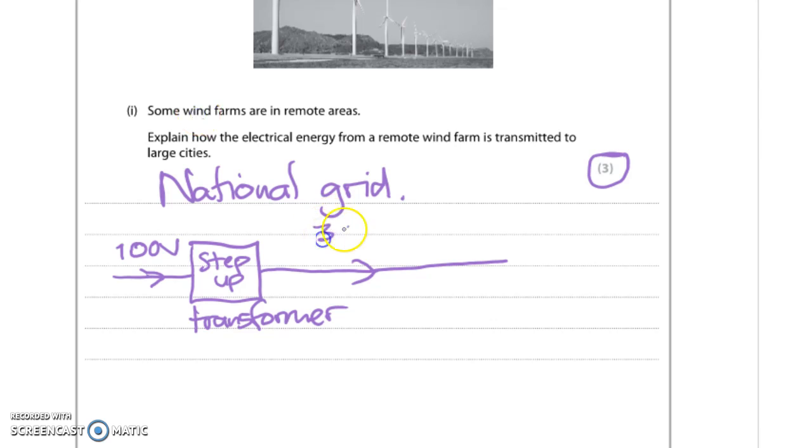So what we do is we step it up to a very high voltage, and that means that we're using very low currents in the power lines, and that means that there's a lot less resistive heating. Yeah, so a lot less power gets wasted due to resistive heating in the power lines.